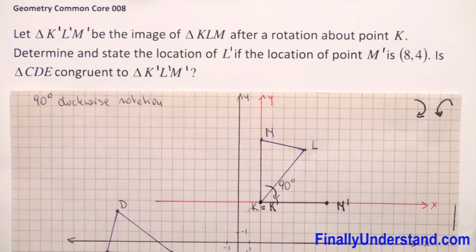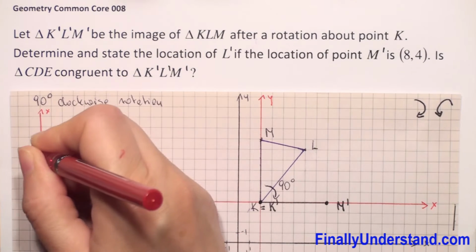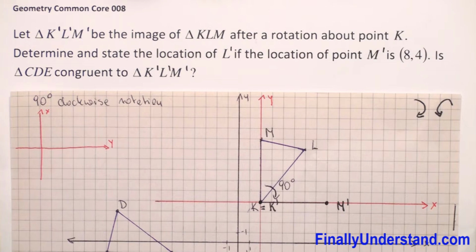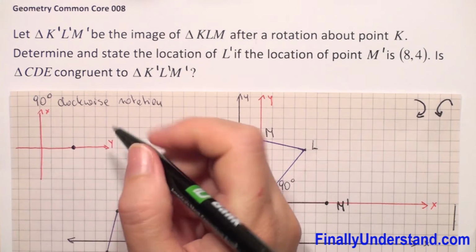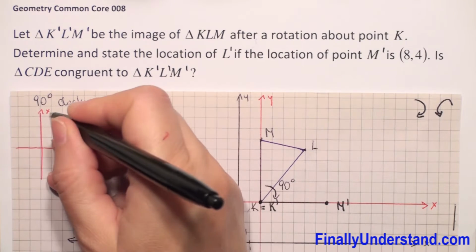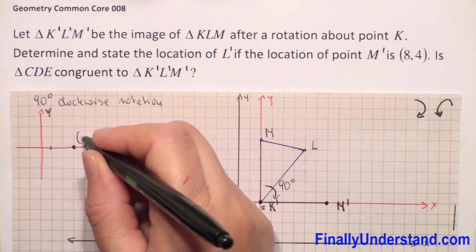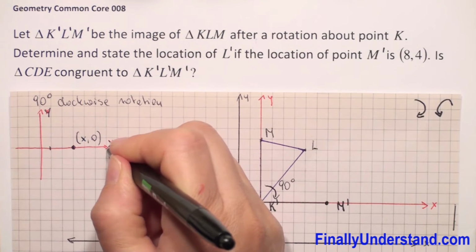So now when we have a 90 degrees clockwise rotation, let me draw maybe here one more XY plane. When we have, for example, a point with coordinates on the x-axis, the first coordinate will be x and the second is 0 because we are on the x-axis.